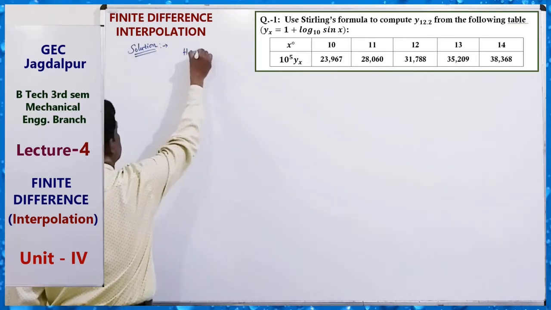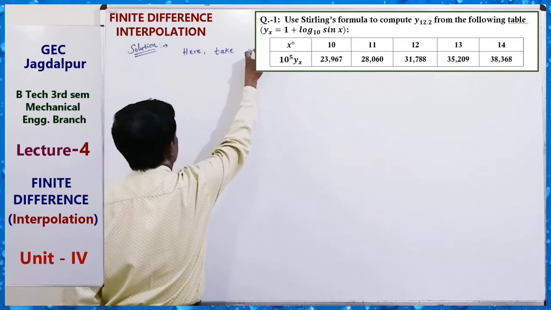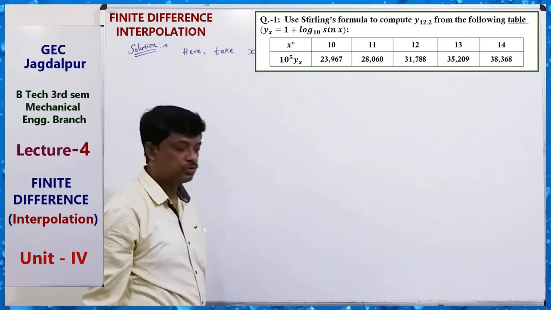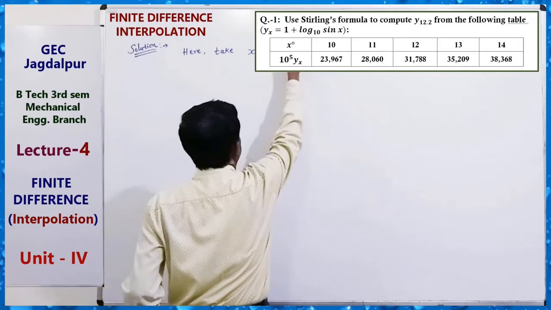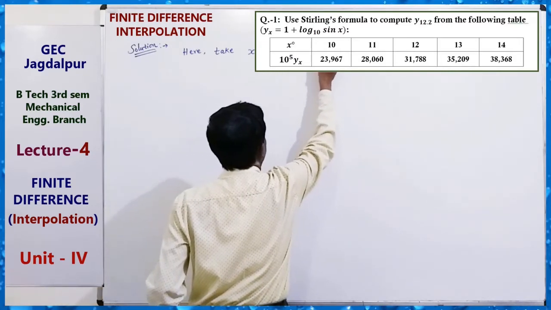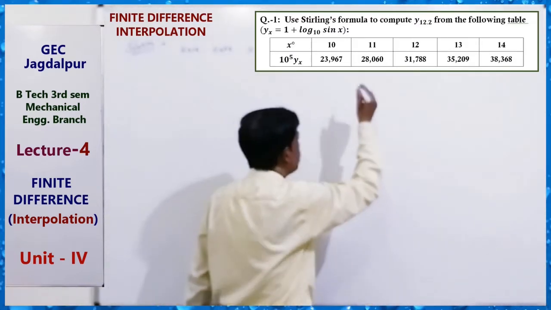Take origin value x0 equals 12, and h equals 1. This is given. Clear?